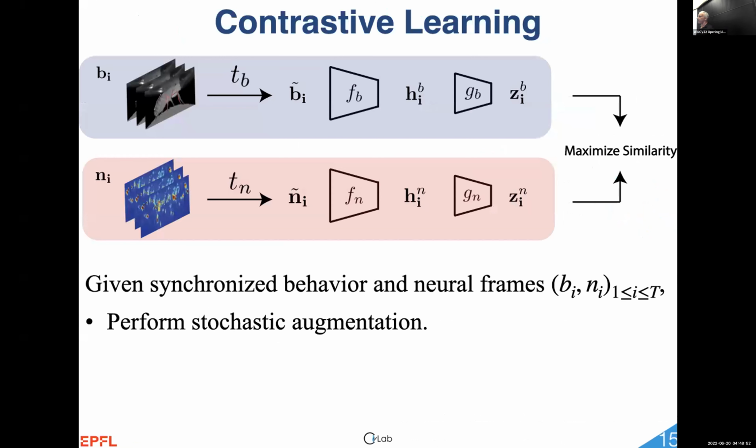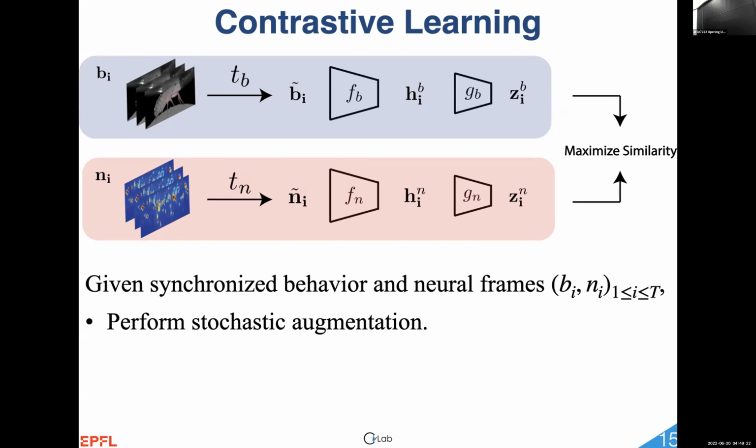So now for the heart of what we're going to do, given that we have these synchronized, and that's important, we have the video data, and at the same time, we have the calcium data. They are not at the same frame rate, but they are synchronized. And we use this to learn representations that are useful and that we can then use to classify behaviors.